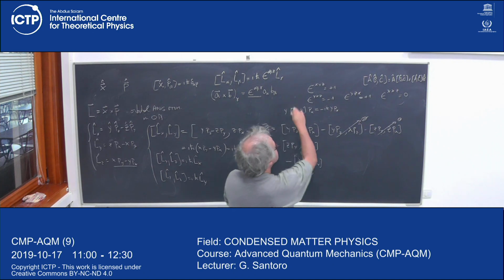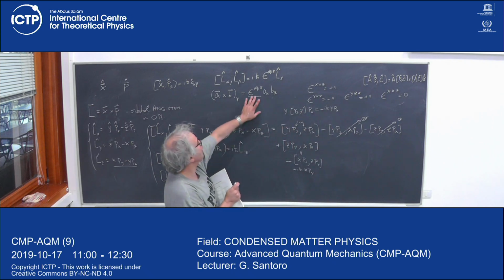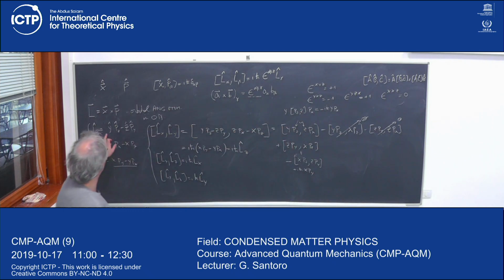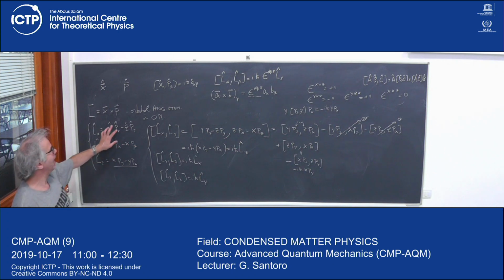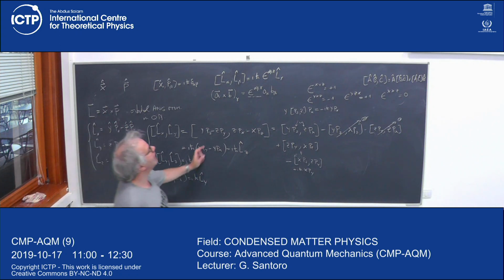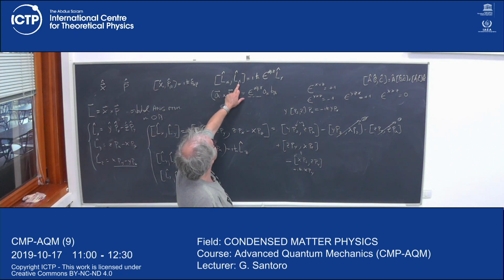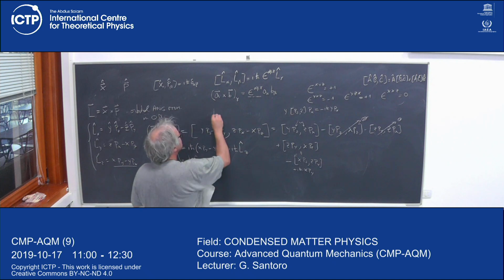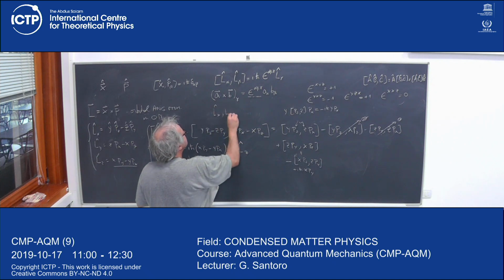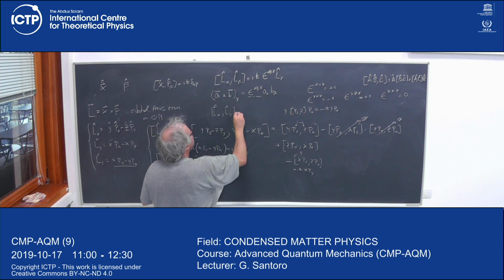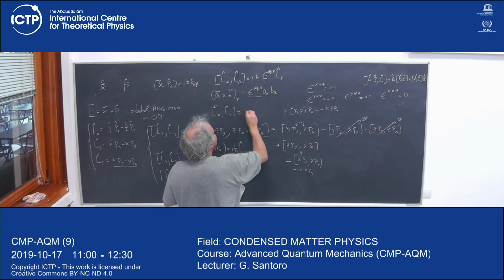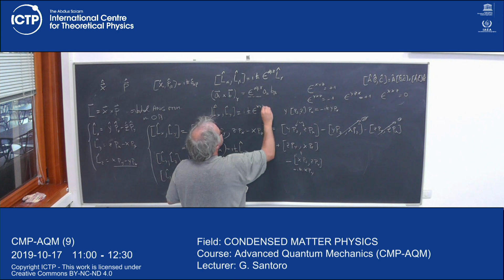With these very simple rules, you know that this object has exactly the right zeros and plus and minus ones to express a vector product. Let me exemplify this. If I have x, y, then according to this it is i h bar epsilon x y gamma, and I have to sum over gamma.